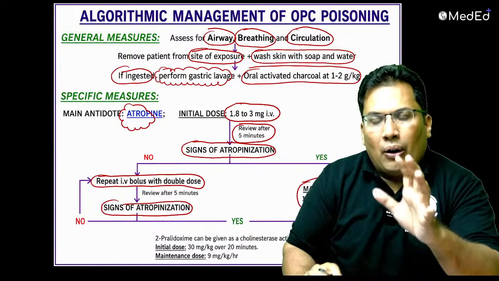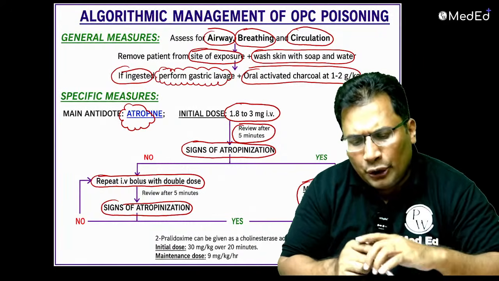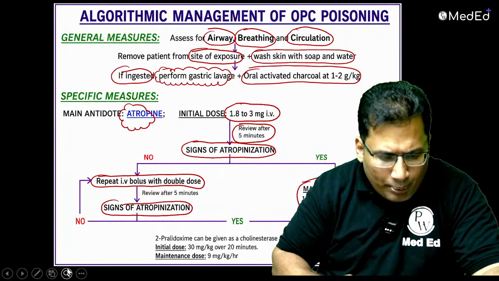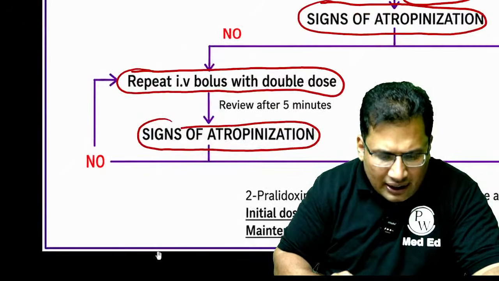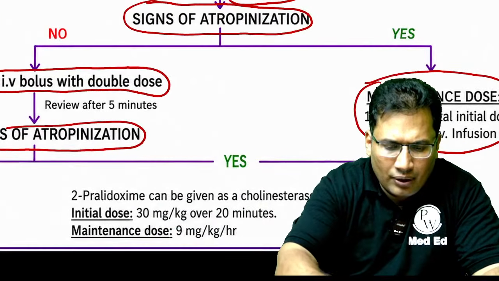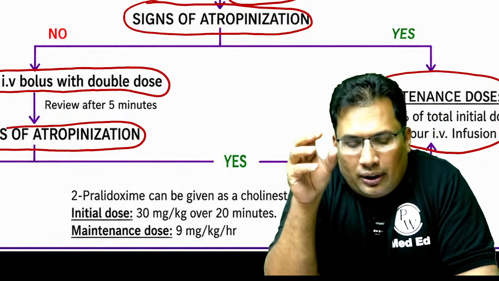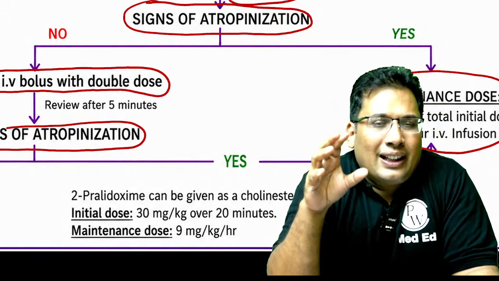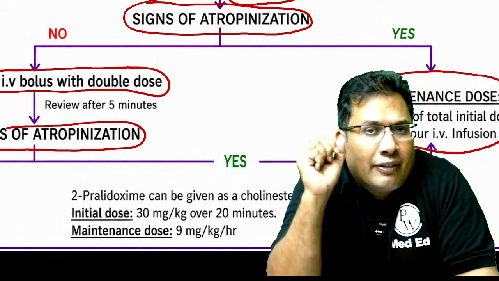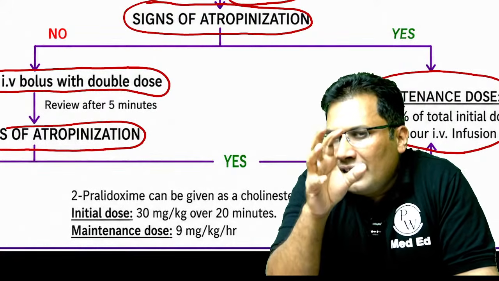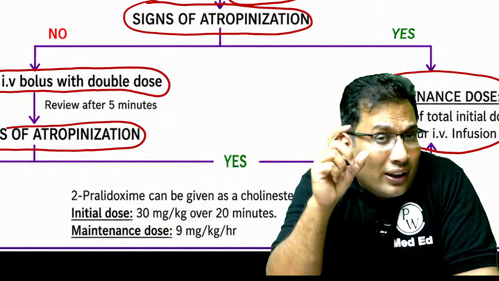Now, what are the other agents used in case of OP poison? The other agents, you can see here, are prolidoxime. The prolidoxime is a cholinesterase reactivator. It reactivates the enzyme, acetylcholinesterase.